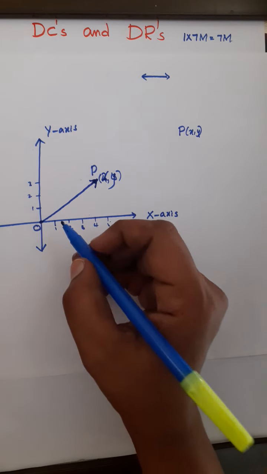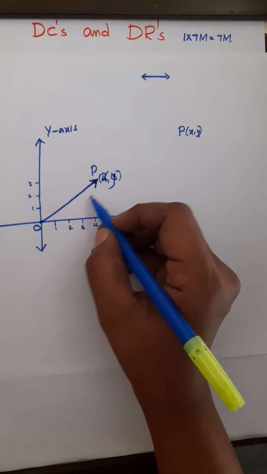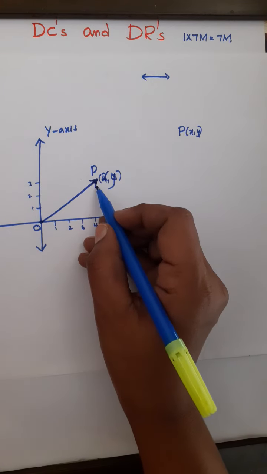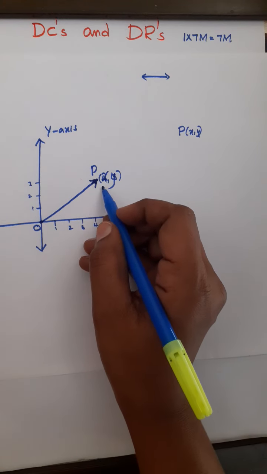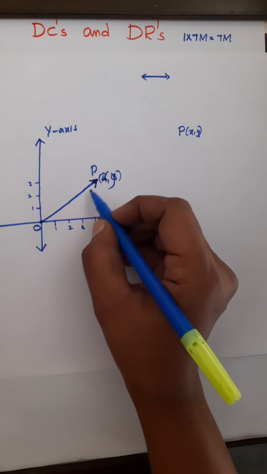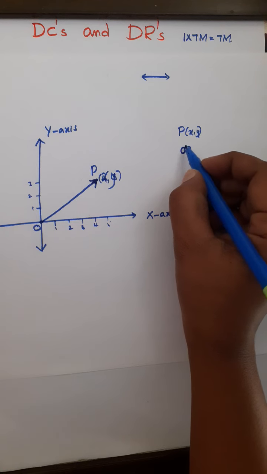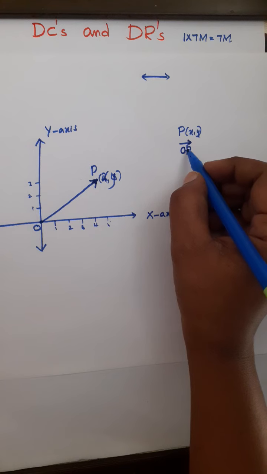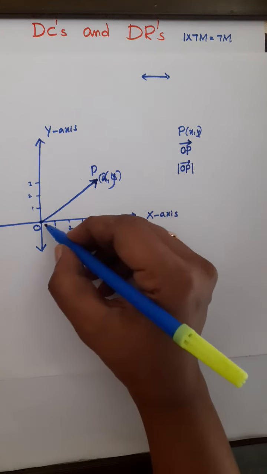That means this line segment is going towards P, not towards O. So OP line segment has direction towards P, right? It has direction, and it should have some magnitude. Magnitude is nothing but the length of OP. We call it the OP vector. OP vector has direction, and the magnitude is nothing but the length of this OP.